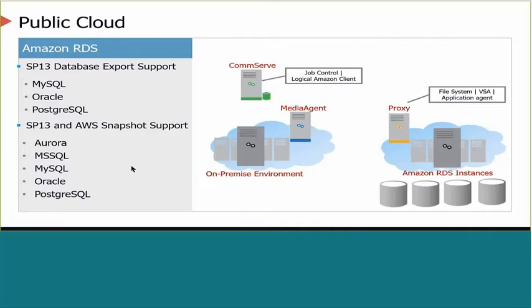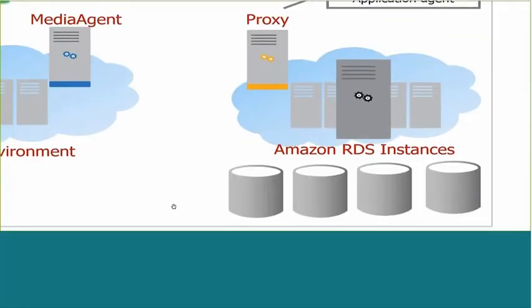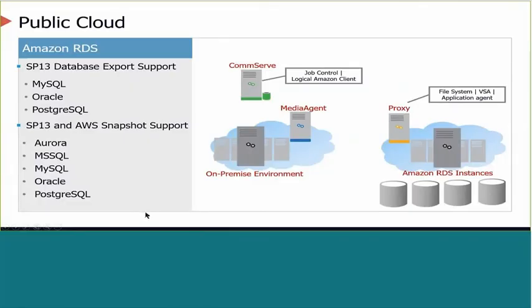So Amazon actually supports two mechanisms for doing data protection. We can't actually inject an agent or anything like that inside of the database instance itself. That is, more or less, a proprietary AWS item. But we can stick a proxy server out there. Ideally, it would be in the same region as the database instance. And that's going to help facilitate this process of doing one of two things.